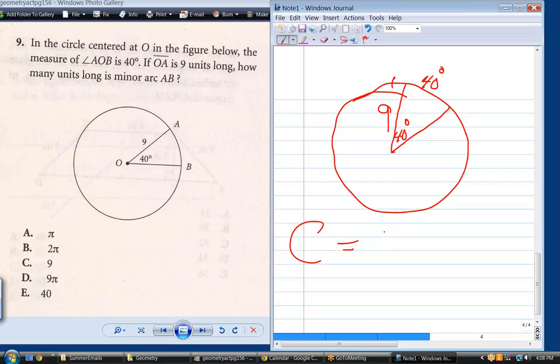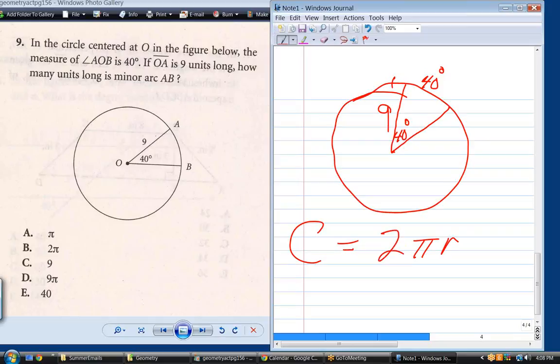It's got the same three numbers as the area, only it's 2 pi r instead of pi r squared. In other words, one way to think of the circumference is start with the area and just bring the 2 down in front. And that's the circumference.